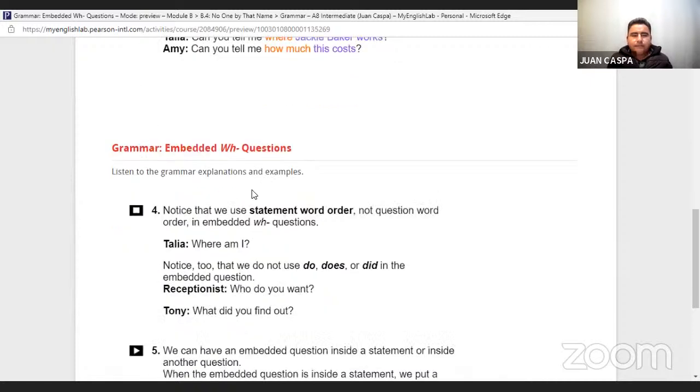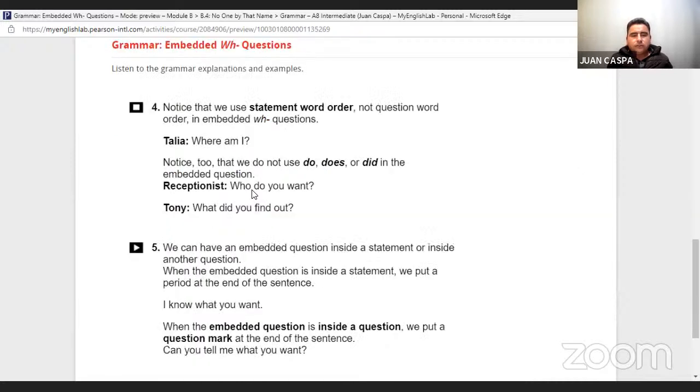Notice that we use statement word order, not question word order, in embedded WH questions. Where am I? I'm not sure where I am.